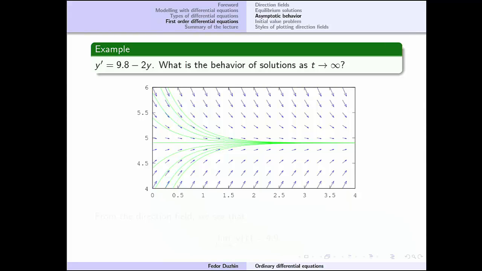We conclude from the direction field that all solutions approach, as t goes to infinity, 4.9, because 4.9 is the horizontal line, the equilibrium solution of this differential equation.